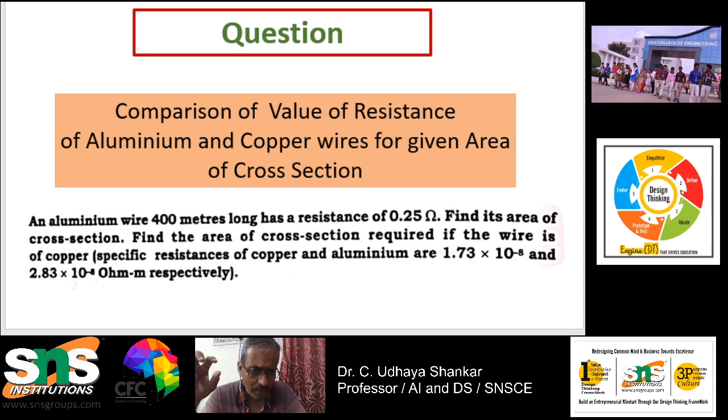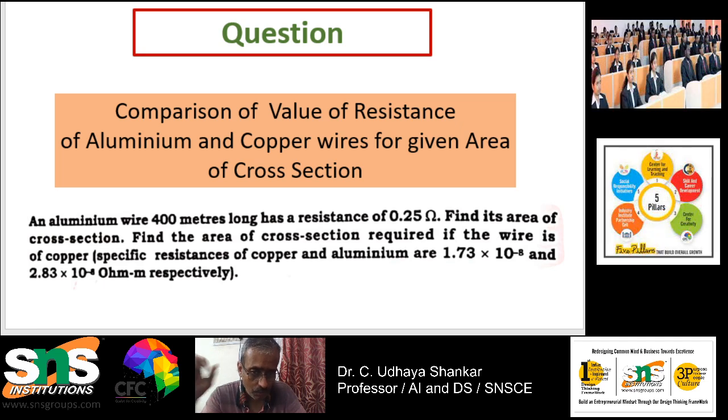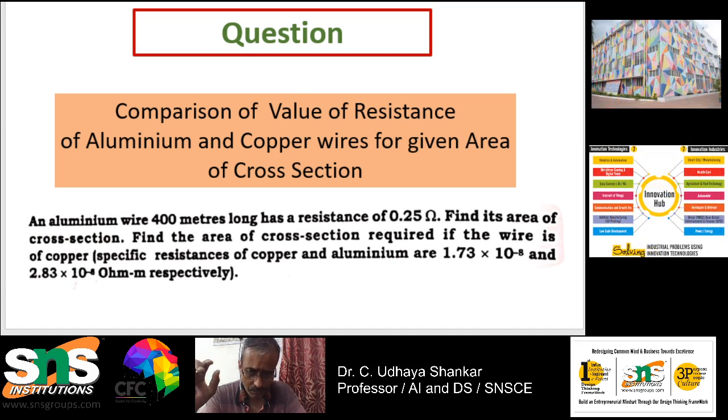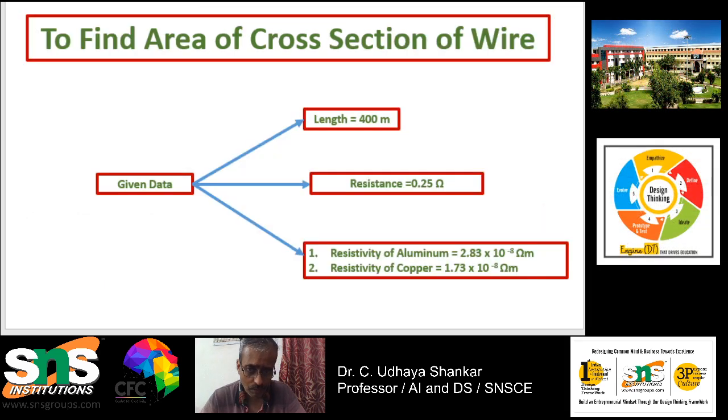So two materials have been taken, one is aluminum, the other one is copper, and both have the same length and the same resistance. We want to find what will be the difference in area in both cases. This is the understanding of this particular problem.